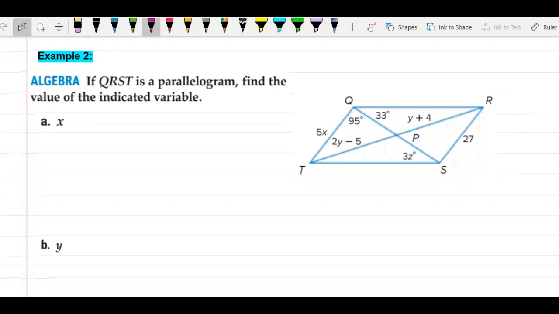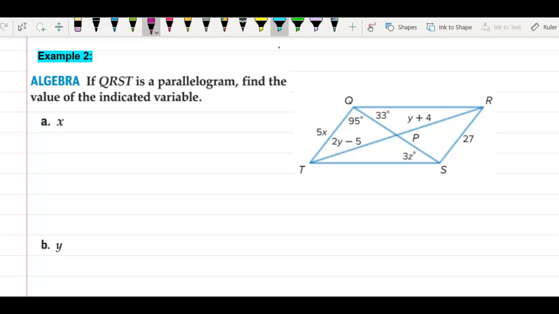So we know QRST is a parallelogram. This time we want to find X. So I'm going to go ahead and highlight X. It's right here. It's on the outside of the parallelogram, measuring the side QT. The opposite sides of a parallelogram are equal to each other, so this one would go with the opposite side RS.